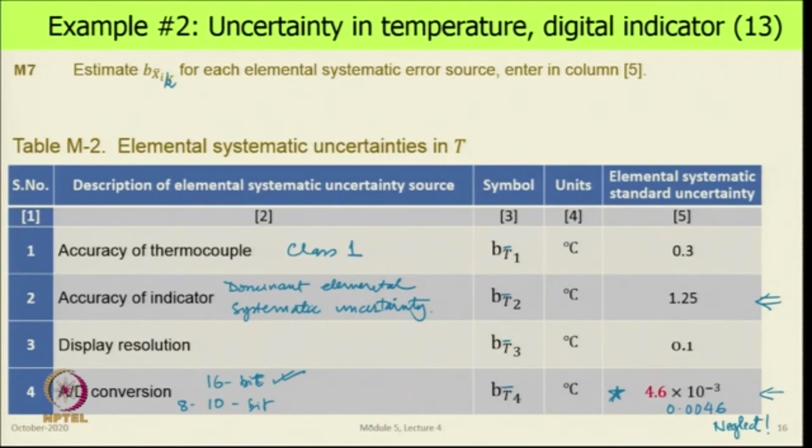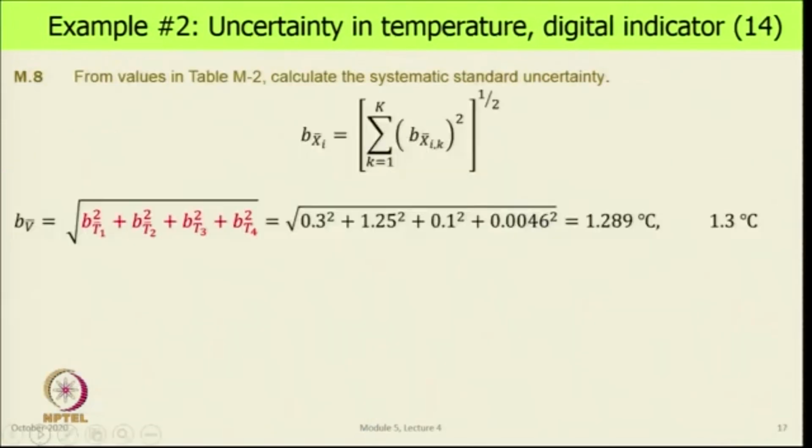So, we have to be ready for that. Now, we go to the next step. We put all of these things together and calculate the systematic standard uncertainty in the temperature. We sum of the squares of all these numbers, which is this much, which we can say is 1.3 degrees Celsius.